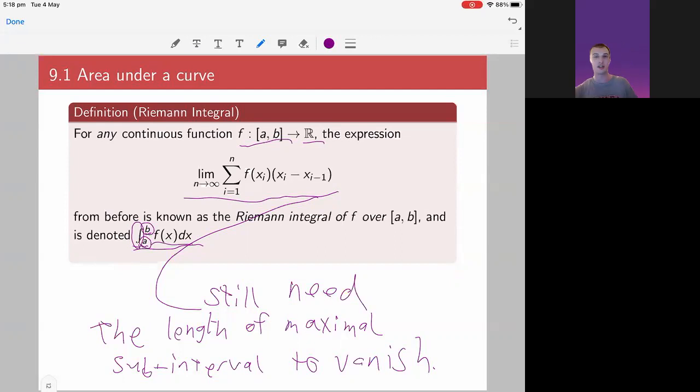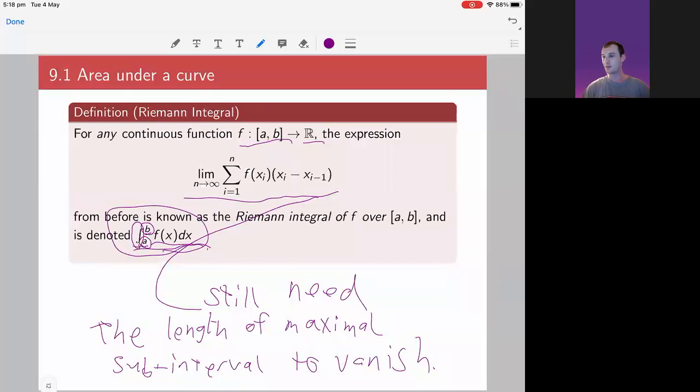Now, question for you to see if you've been paying attention. What is the difference between the Riemann integral and the area under the curve? What's different about these definitions, apart from the obvious different symbols?